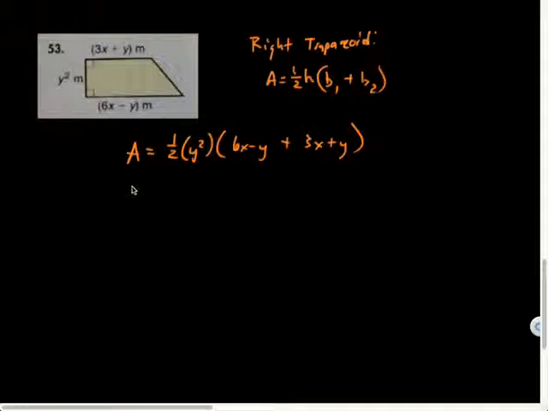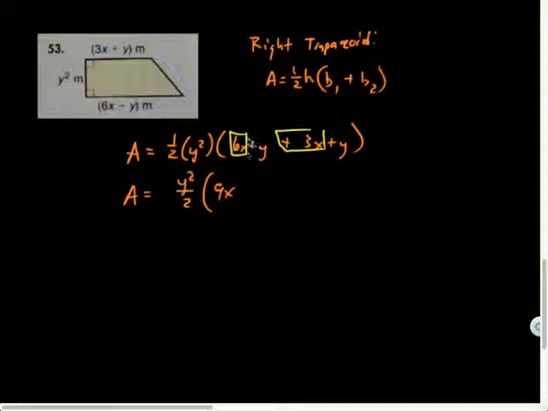So let's keep simplifying this, friends. 1/2. Well, I could write this as y squared over 2, I guess. Do I have any friends here that can be combined? The 6x and the 3x. How many x's is that? 9 x's, and they're still x's.